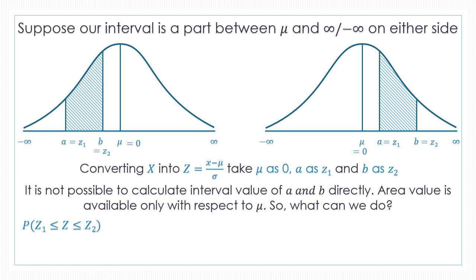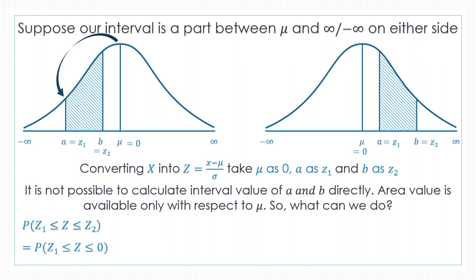Now the problem here is that I don't have a 0, but let's see. I do have the value from 0 to Z1, yes or no? So I will find that first.